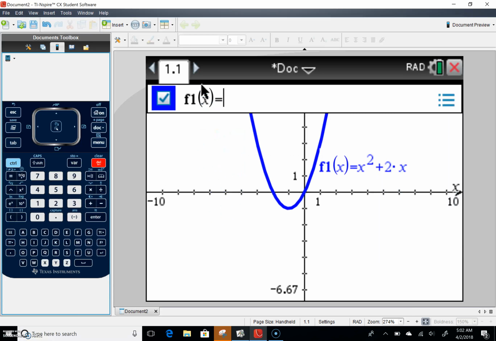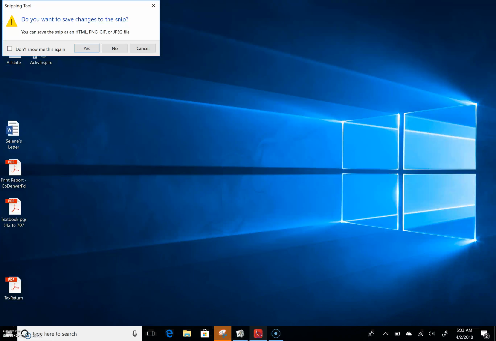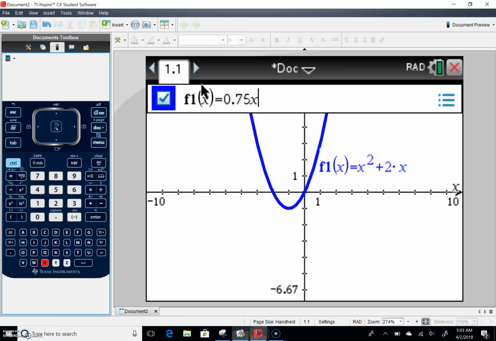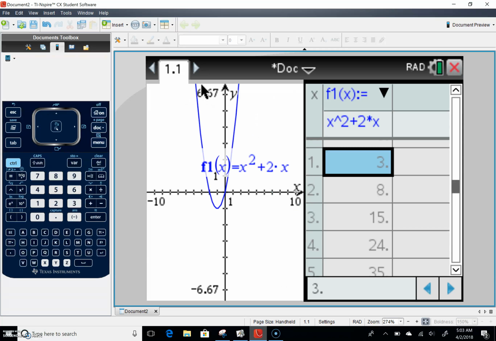Okay, 0.75x. Is that right? 0.75x minus 1.25. Control T. Remember, that's not right.